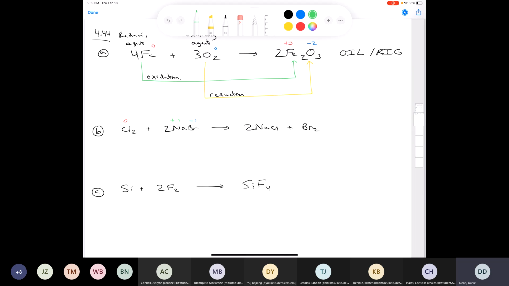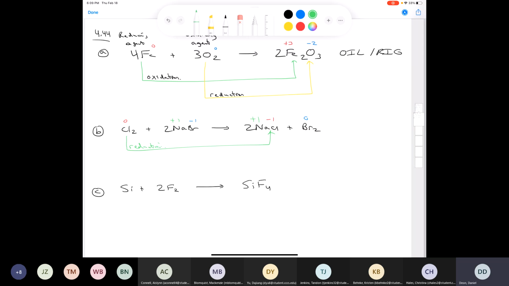Anyhow, then if we go over to the other side, we have sodium chloride, so the sodium is still +1. The chlorine is -1, and the bromine is 0. So the sodium remains unchanged. However, the chlorine is being reduced, isn't it? So this is reduction.